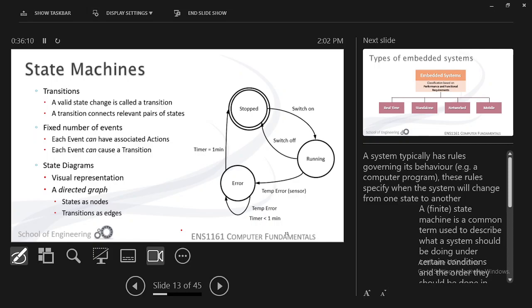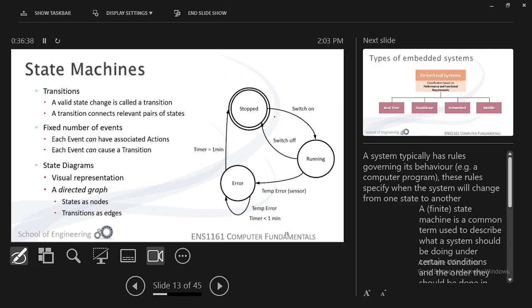Good. Right. This is a sample of a state diagram that we have discussed, with stop, switch on and switch off, running, and errors from the sensor. Some of the things are here, but you don't need to bother a lot. I will discuss a very high level situation.